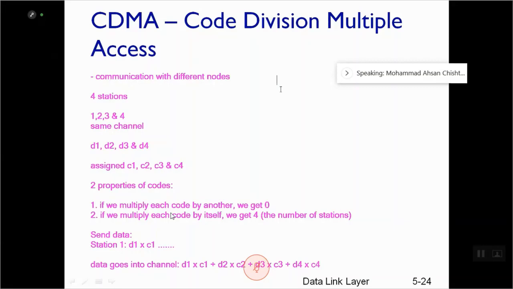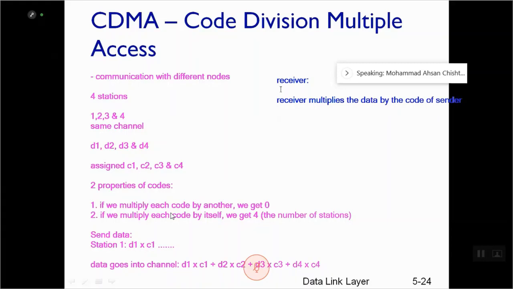All right, here, the receiver. So any station that receives the data from one of the other three multiplies the data by the code of the sender.